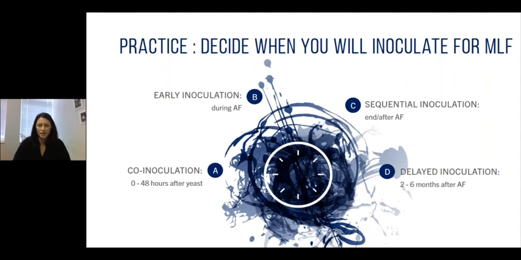The co-inoculation can be anywhere from 0 to 48 hours, where you add the bacteria together with or after the yeast, and this will differ between different suppliers. And then there is a very big difference between the sensory impact that you have with co-inoculation and sequential inoculation. So it's important to decide what you want in the wine at the end of the day.